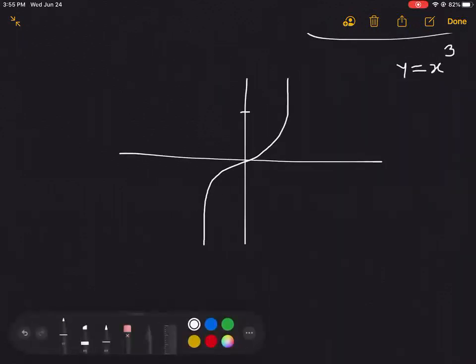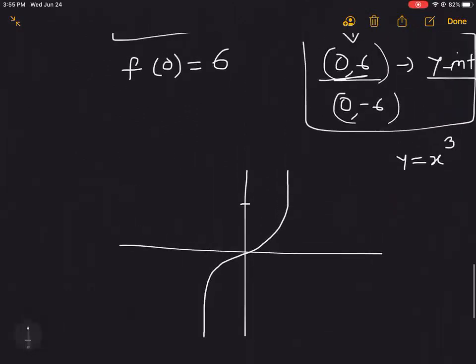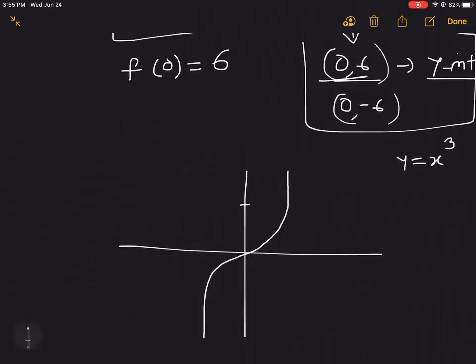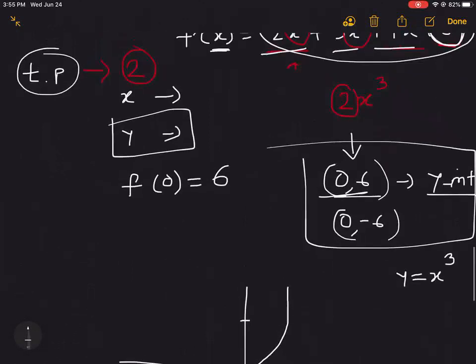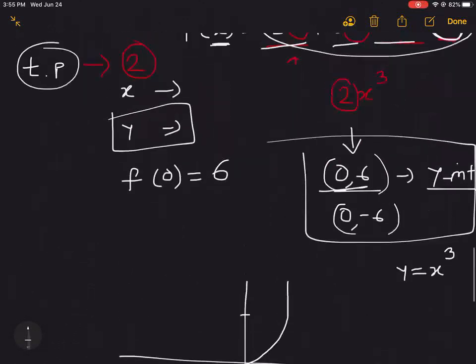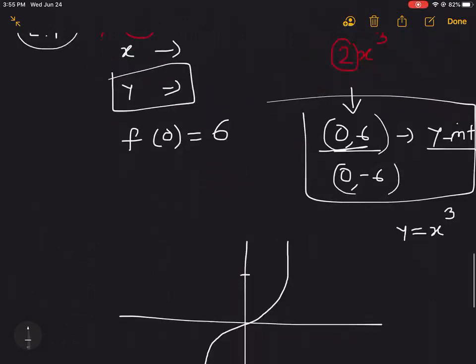So my graph, and of course I know I'll have 2 turning points. Now the next thing I need to know is where these turning points will be, right?